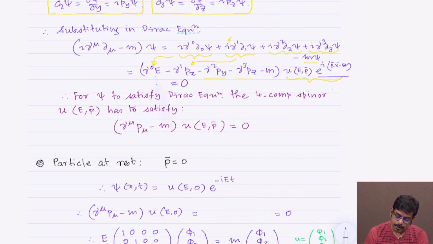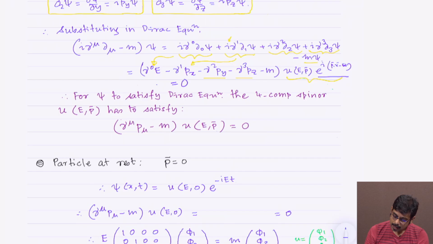And what is this gamma 0 E minus gamma 1 px minus gamma 2 py minus gamma 3 pz? I can write it as simple as gamma mu p mu, where p mu has the 4 components E, px, py and pz, and gamma mu has these 4 components gamma 0, gamma 1, gamma 2 and gamma 3. And we all know that when we take this product, there is a relative sign that is coming from the conversion between the contravariant to covariant via the g mu nu.